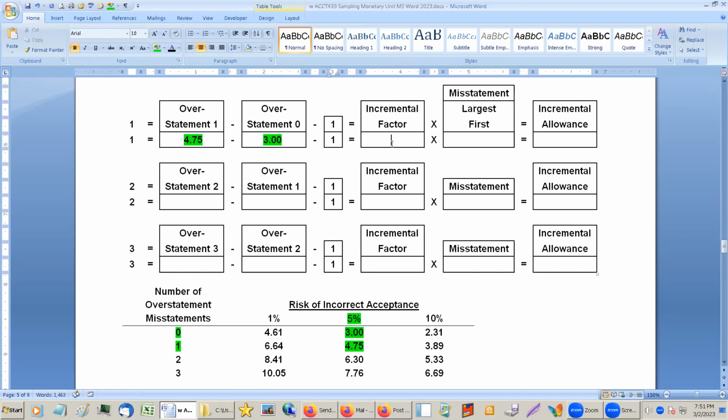Minus 1 will give us the incremental factor. I think it's 0.75. So 4.75 minus 3 minus 1 gives us this. Let's just do the incremental factors first, because these are the kind of wacky ones.